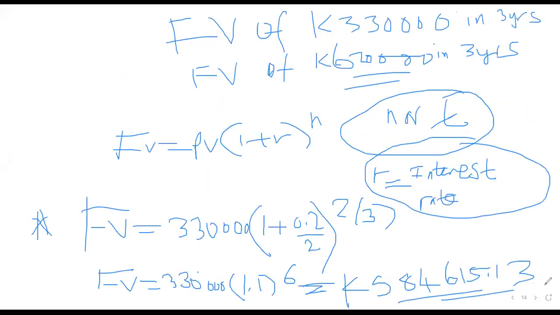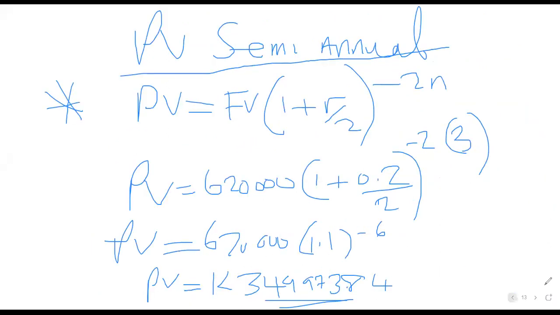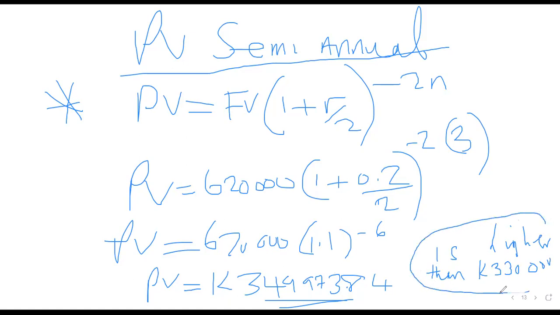So present value for 349 is higher than 330,000. So you can get 620,000 in 3 years. So accept getting 620,000, because it has given us a higher present value.